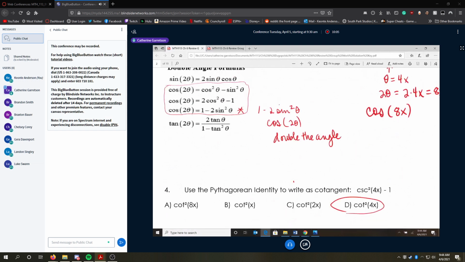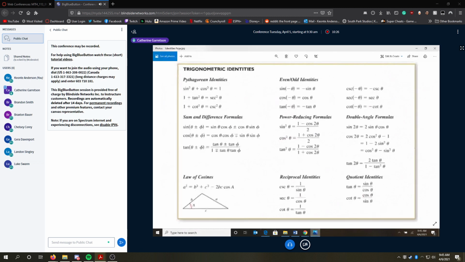Use the Pythagorean identity to write as cotangent. Now, I'm going to pick the identity that involves the cosecant and the cotangent. They're different from the sine and the cosine. So I want to go to my identity and pick the right one.